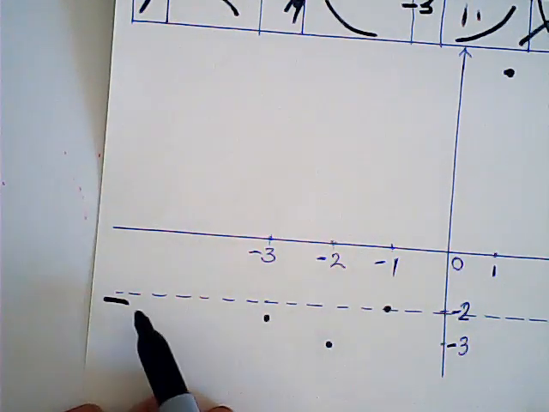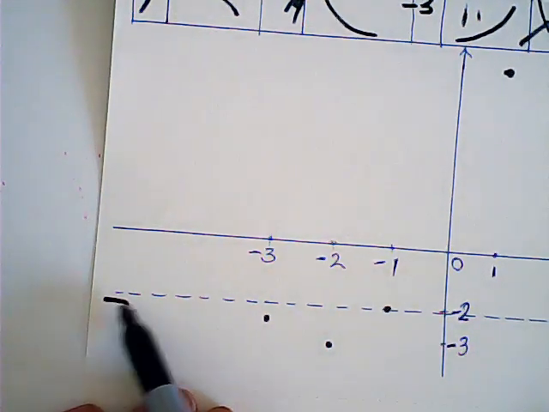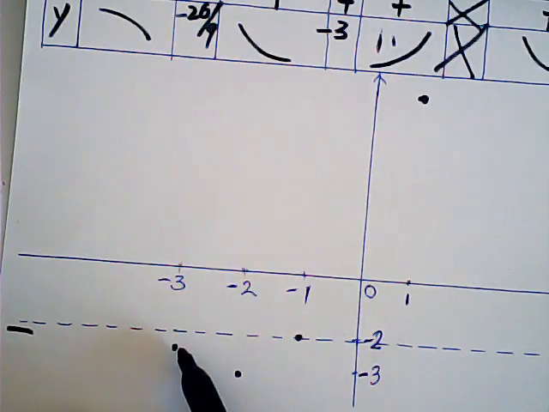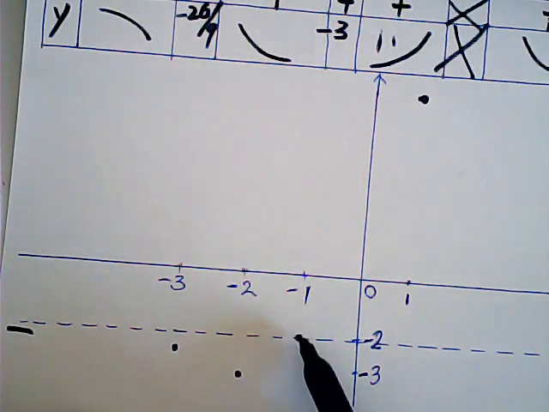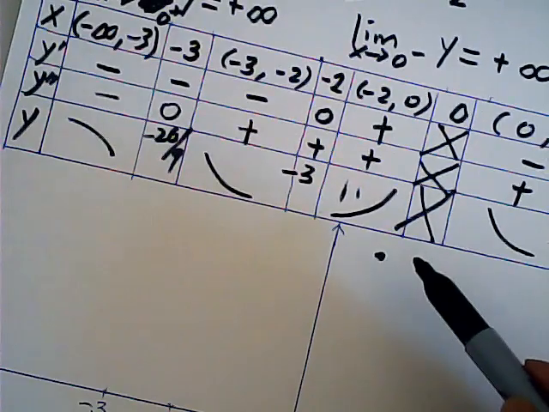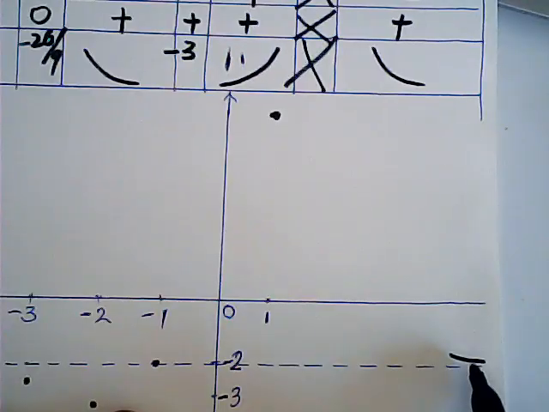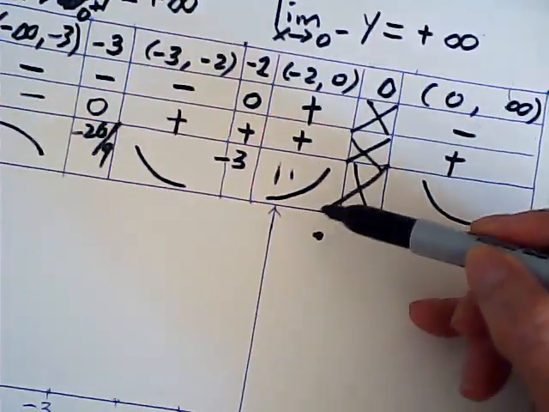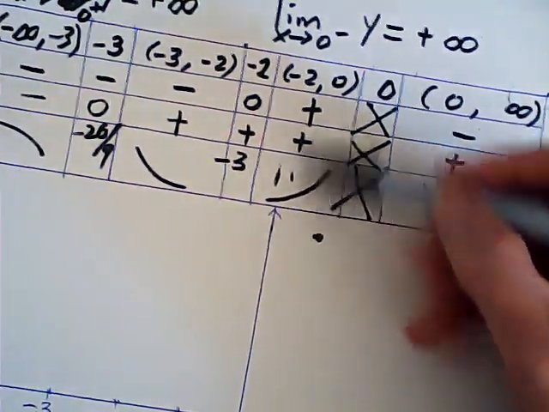Okay, good. The curve looks like this very far away. It approaches -2, passing through this point, this point, this point. Looks like this very far away.